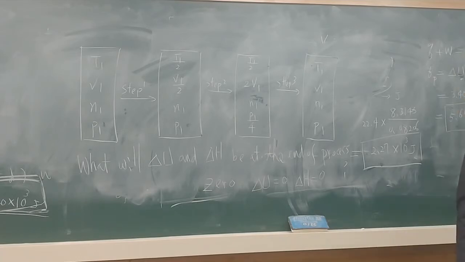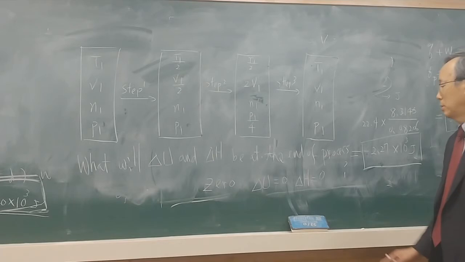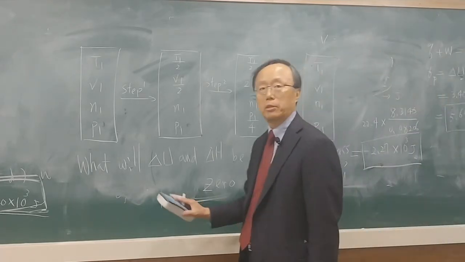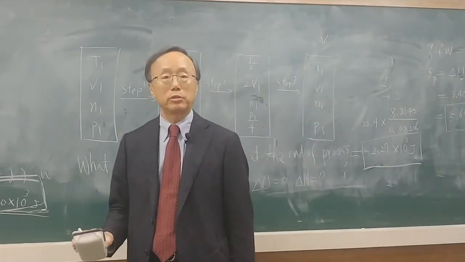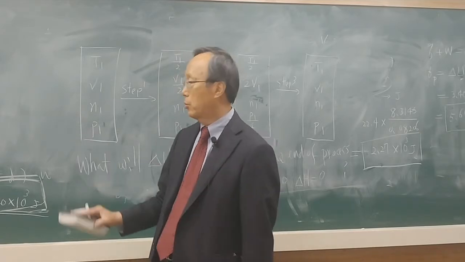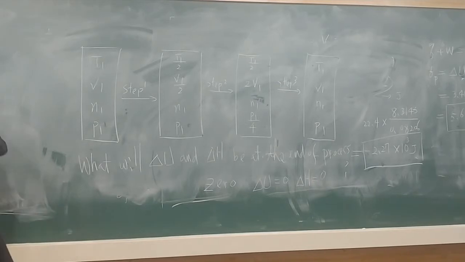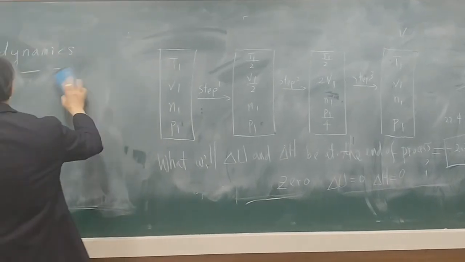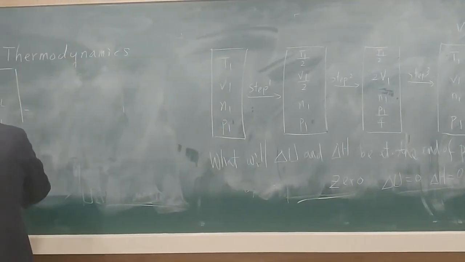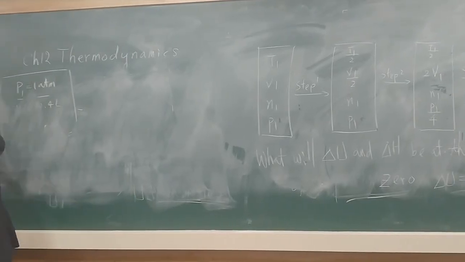But work and heat are different. Work and heat are not state functions. Enthalpy and internal energy are state functions, but work and heat are not. W and Q are not state functions.